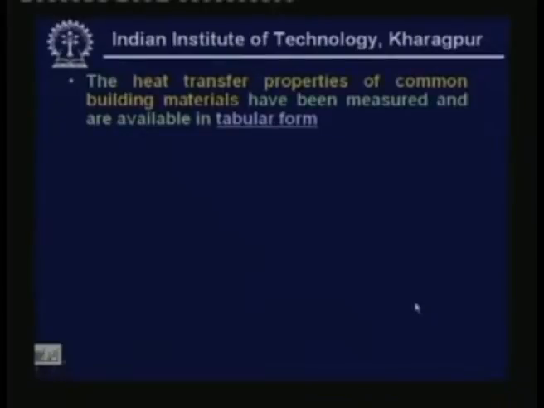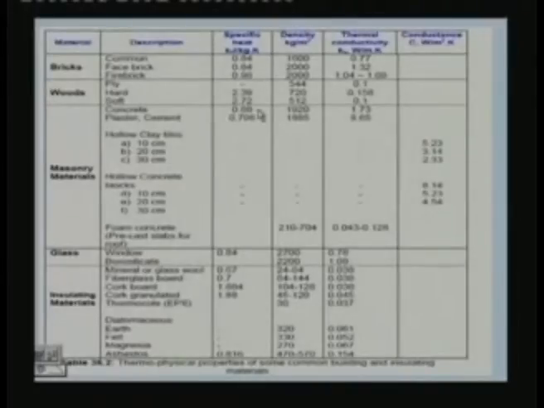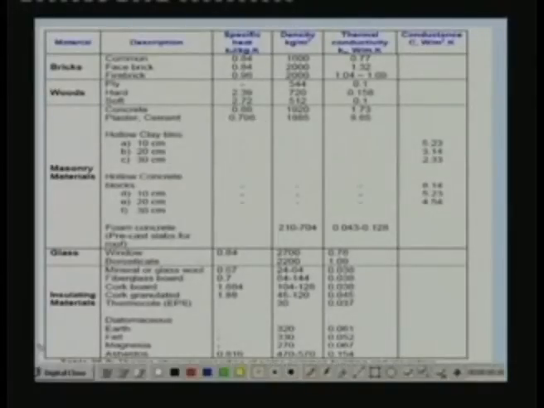The heat transfer properties of common building materials have been measured and they are available in tabular form. Let me show typical values. You can see here that for a wide variety of commonly used materials, you have the properties. For example, for bricks, you have common brick, face brick, and fire brick.